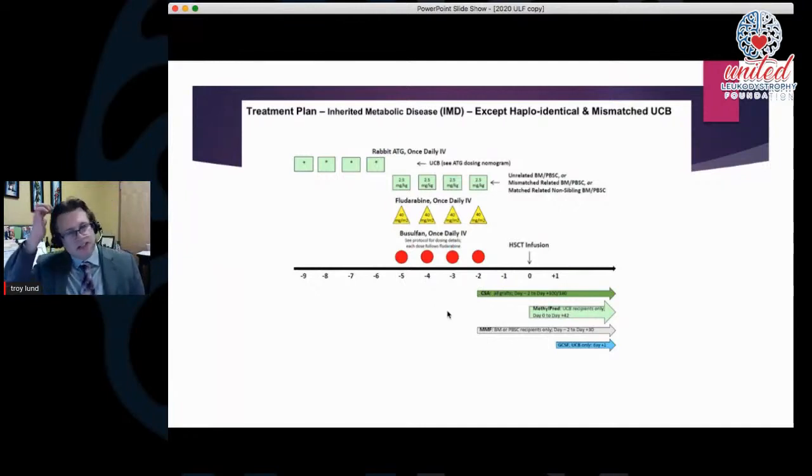So I just thought I'd give you a snapshot into the roadmap of transplants so you can have an idea of how it all works. But we use this for lots of different protocols and lots of different diseases. Fundamentally, it's kind of the same layout. You have an arrow going to the right, you have the drugs you're going to use and what you're going to do.